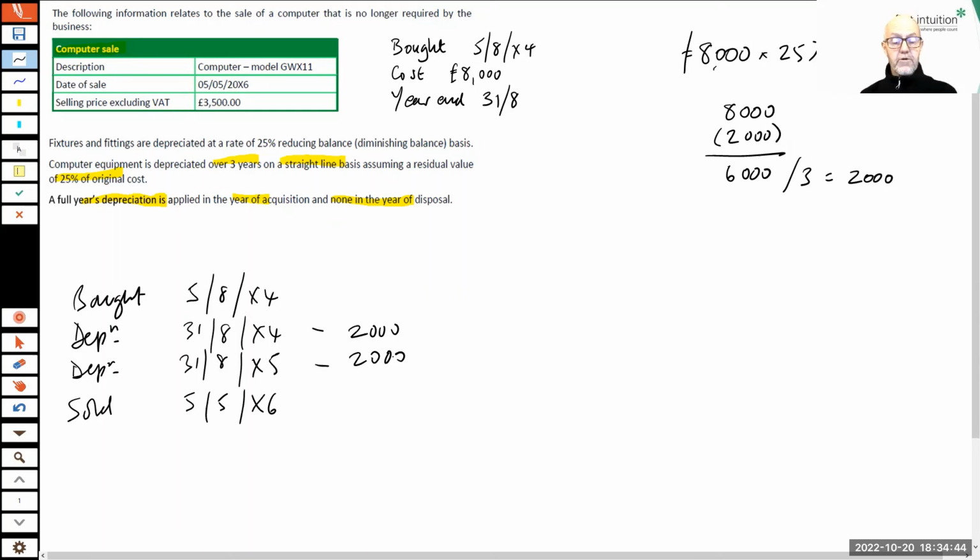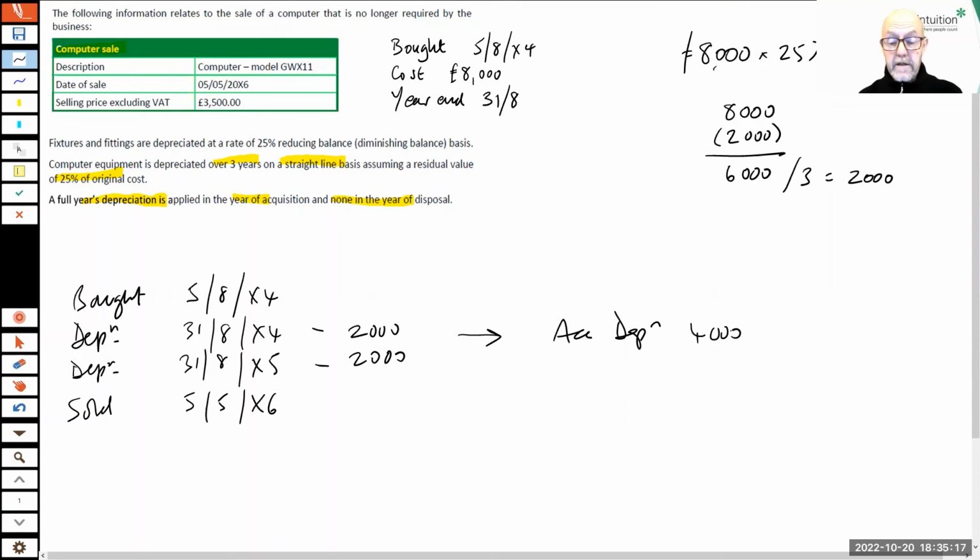Again, if you try and do it in your head, we sold it in X6, there's a danger of thinking 4, 5, 6. If you do it this way, just walk through the life of the asset from the day it arrives through, and each year end there is a depreciation charge. So that gives us our accumulated depreciation of £4,000.